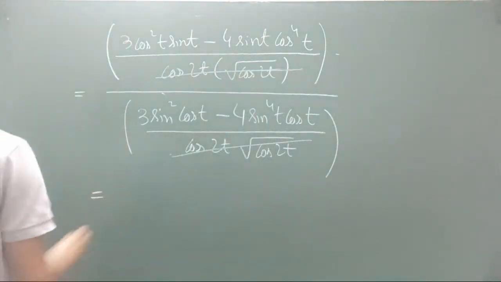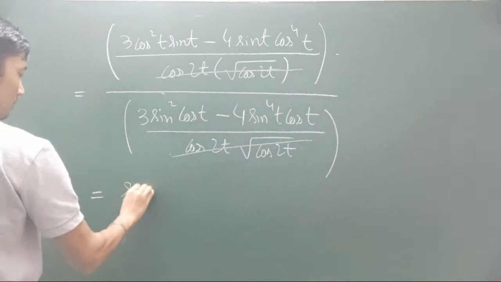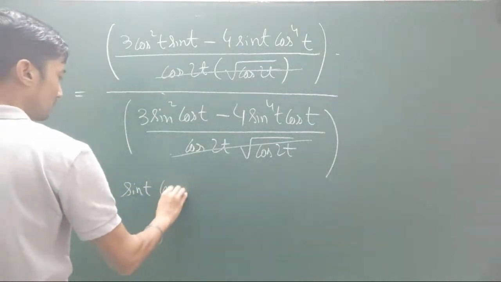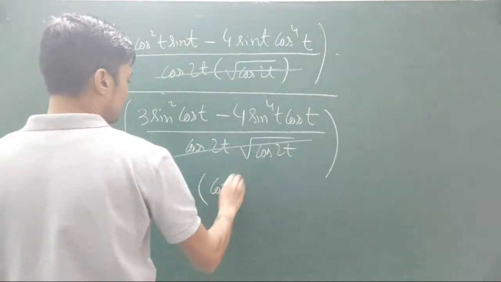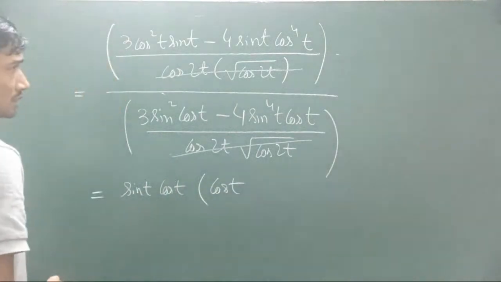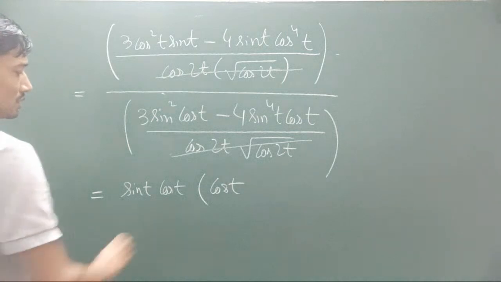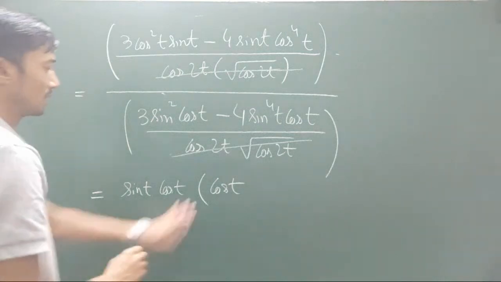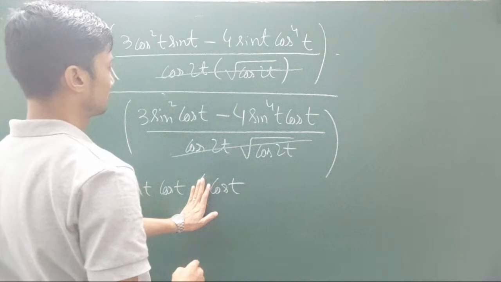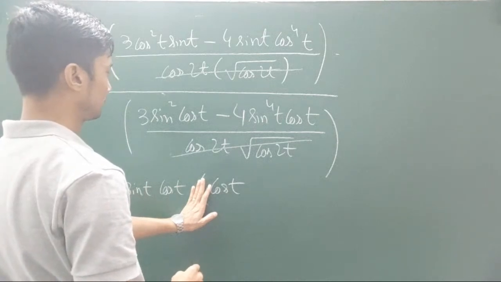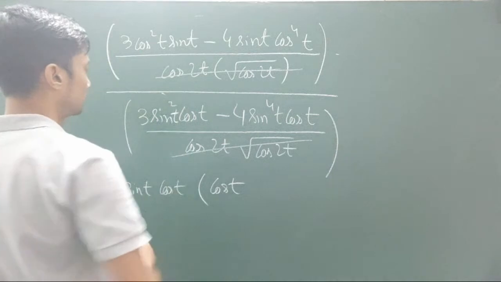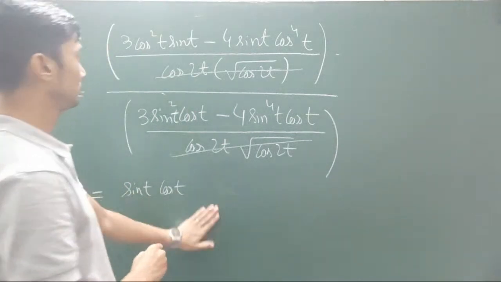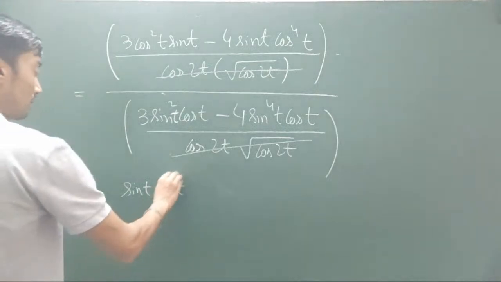Sin t cos t can be taken common from both the numerator and denominator. So I'll have sin t cos square t actually.